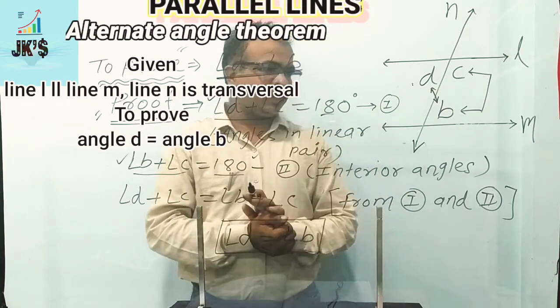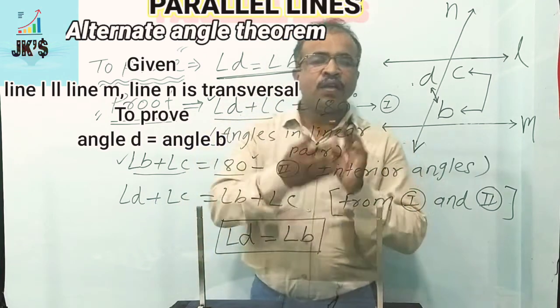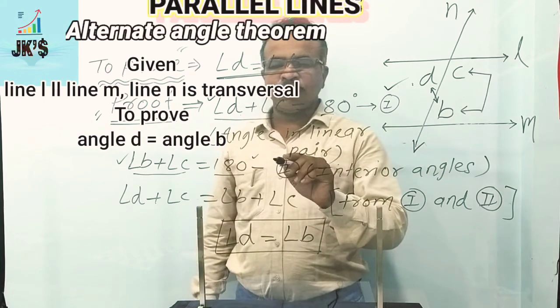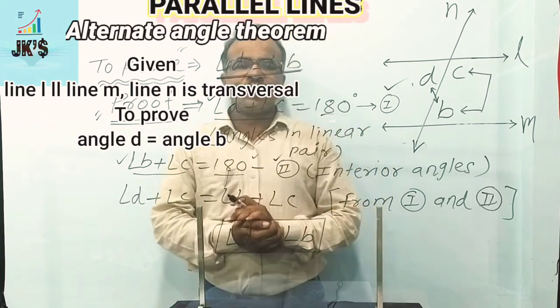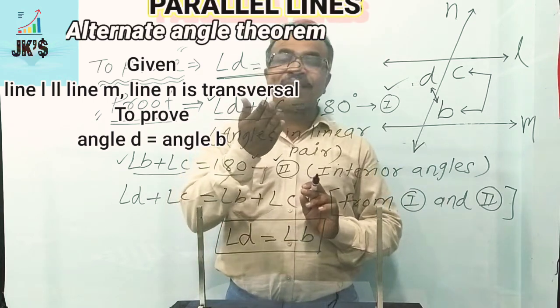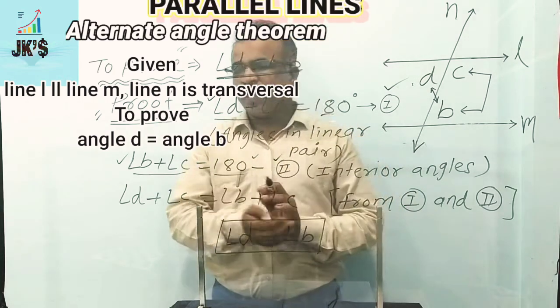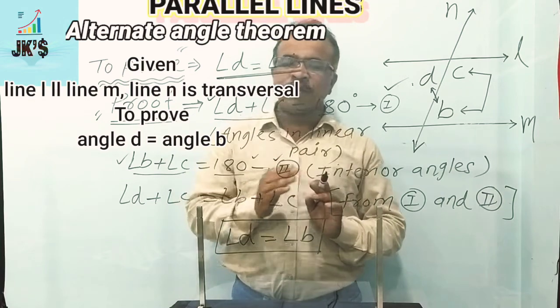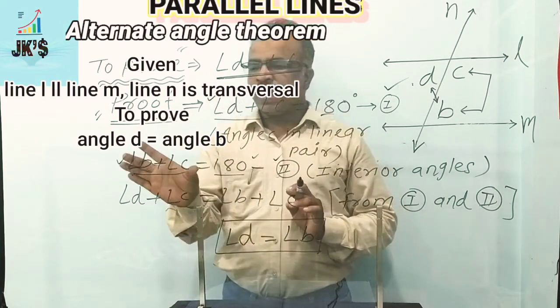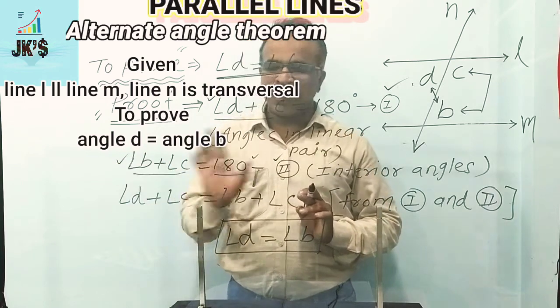Okay, when we see statement 1 and statement 2: angle D plus angle C equals 180 and angle B plus C equals 180, means D plus C and B plus C are equal.